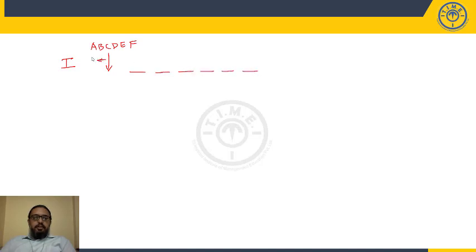So south facing, your left is the right of a person, your right is the left of a person. And then we have row 2 facing north, north facing, your left is the left, your right is the right, and you have 6 people. Okay, and the persons are P, Q, R, S, T and U.